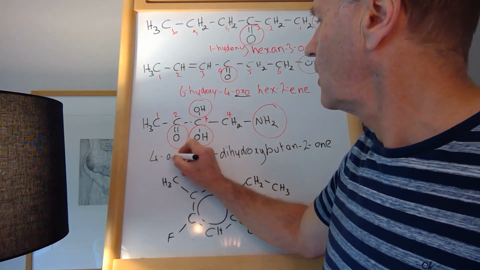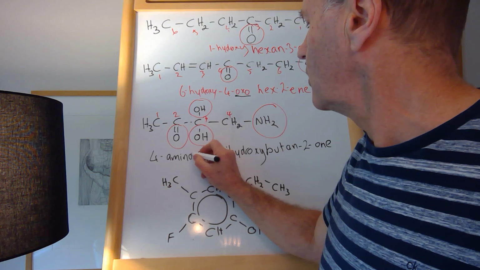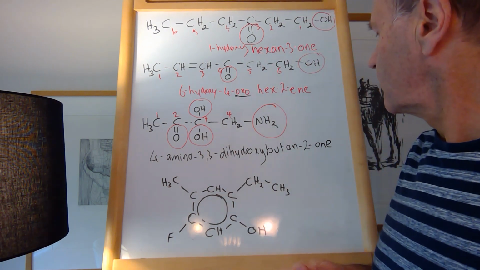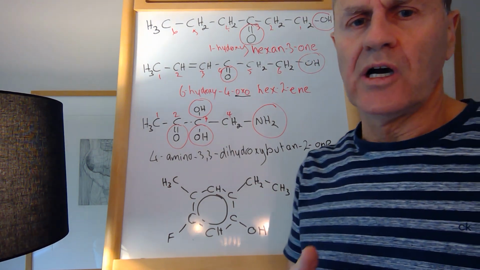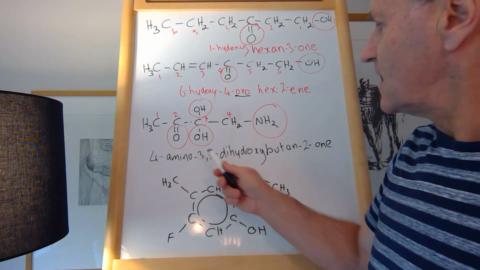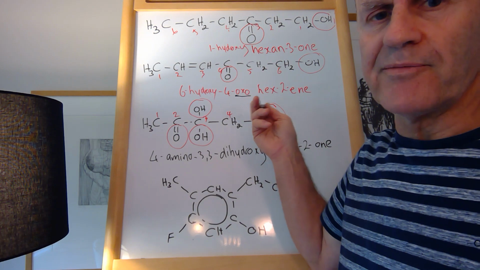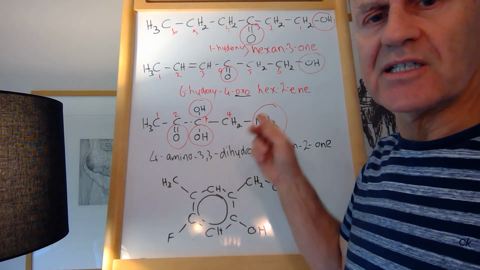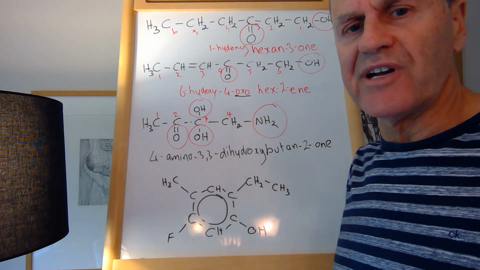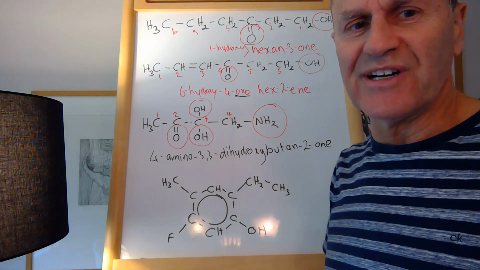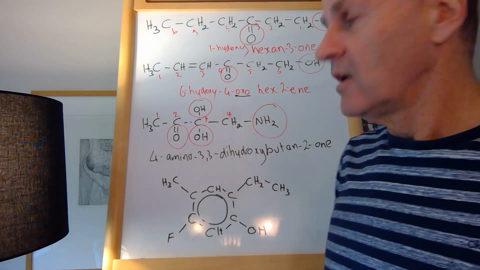So 4 amino 3,3 dihydroxy butane 2-one. To be honest, it's easier to take this name and construct the diagram from that, but you probably need to do it the other way around, although it's doubtful you'll ever get one this complex.